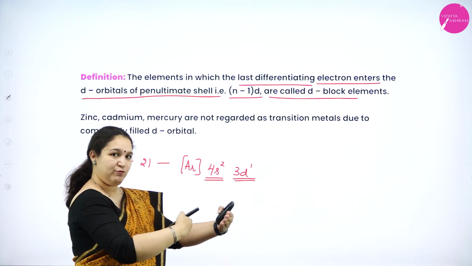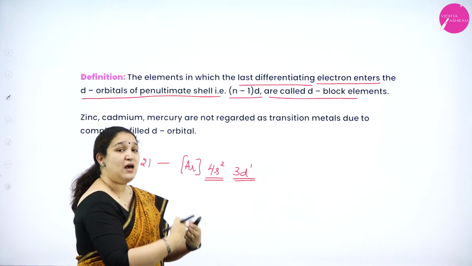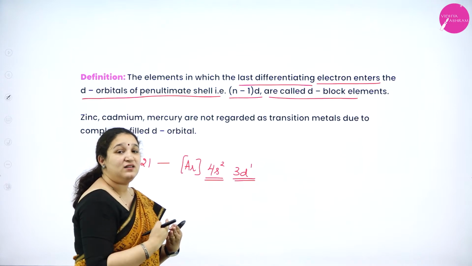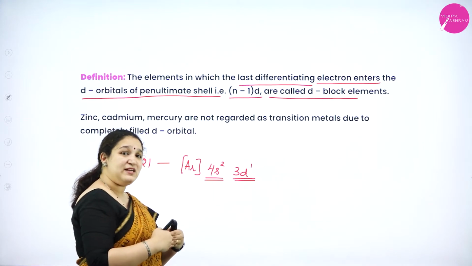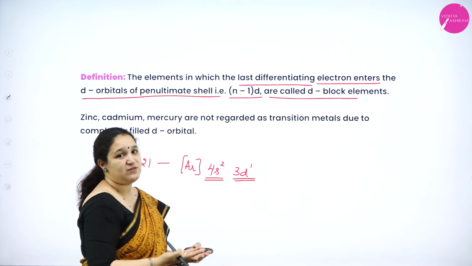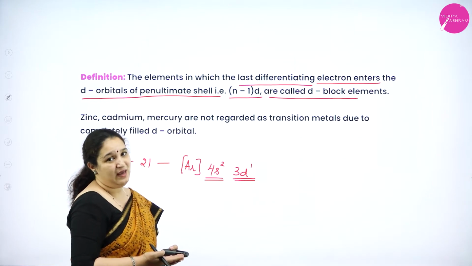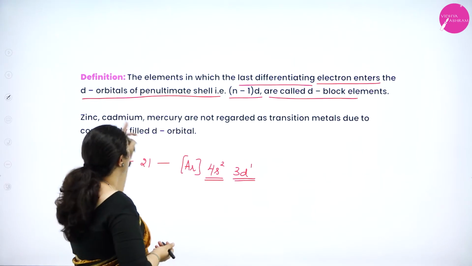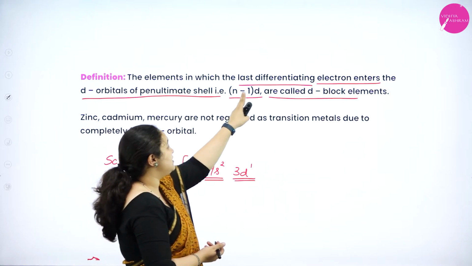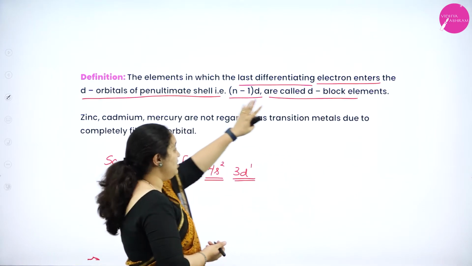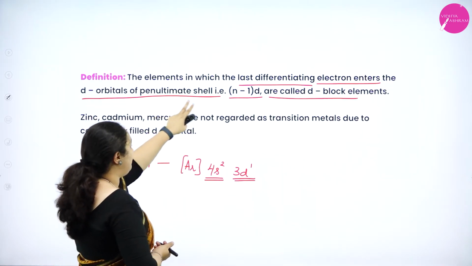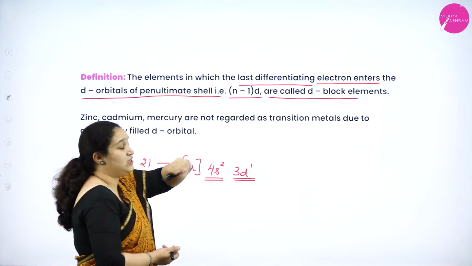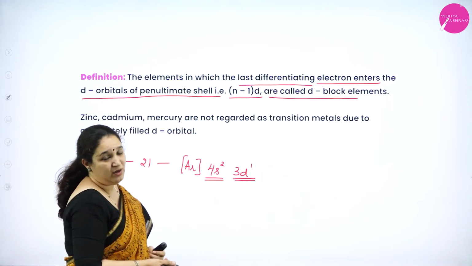One shell before, we call the penultimate shell, and the d orbital of the penultimate shell is getting filled up here. That's why we call them d block elements. So the elements in which the last differentiating electrons enter the d orbital of the penultimate shell, that is n-1 d shell, are also called d block elements.